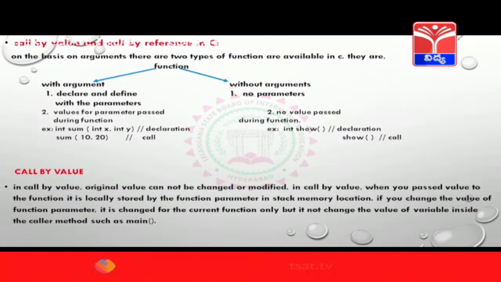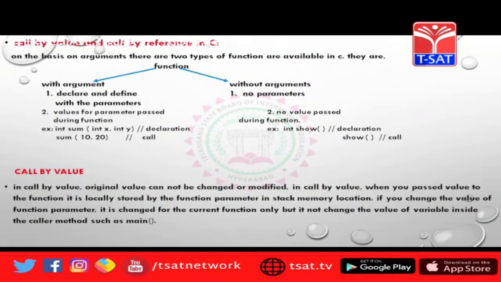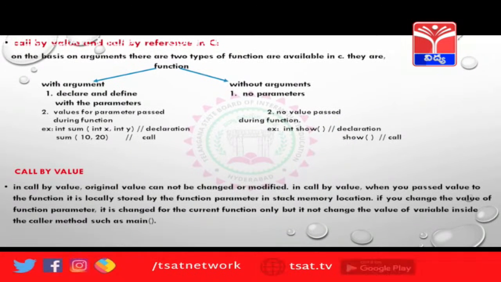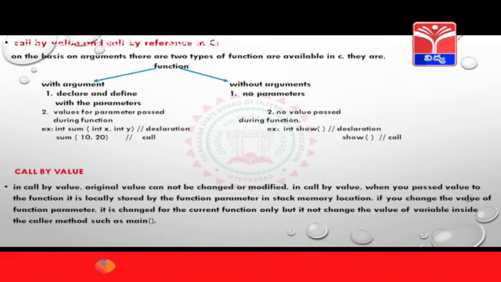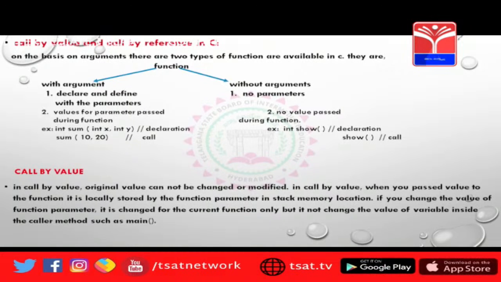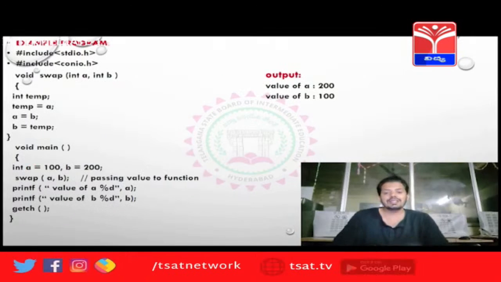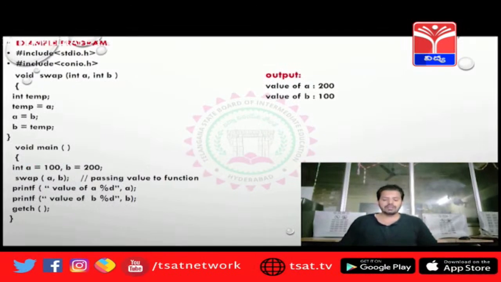If you change the value of the function parameter, say rather than 10 and 20, you change it to 20 and 30, it changes only for the current function, not the value of the variable outside. Now let's see the example.